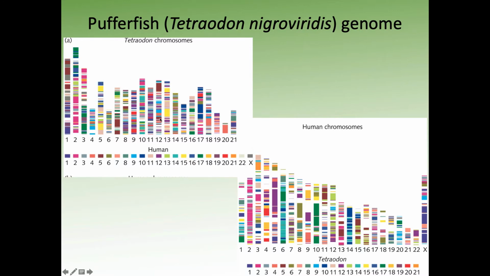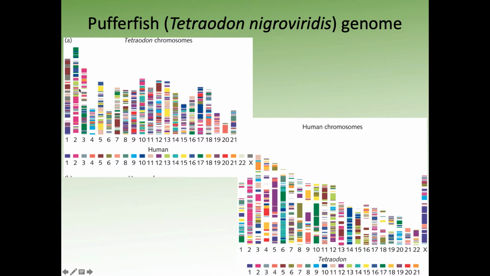These are the Tetraodon chromosomes with the human colors painted on them, and vice versa, human chromosomes with the Tetraodon painted onto them. What you can see is that typically a human region aligns to two puffer regions, so these puffer regions appear in multiple places.